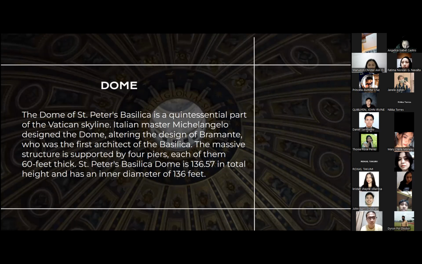The dome is 136.57 meters in total height and has an inner diameter of 136 feet. I think yung dome po ng St. Peter is radial dome. Ang radial dome po is this was built with steel or timber trusses arranged in a radial manner by polygonal rings at various heights. Yun lang po. Next reporter po.